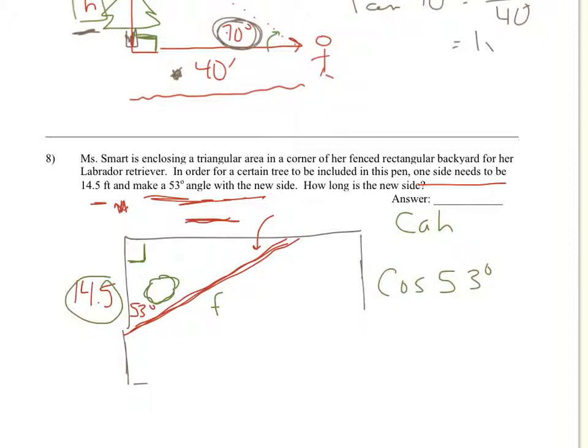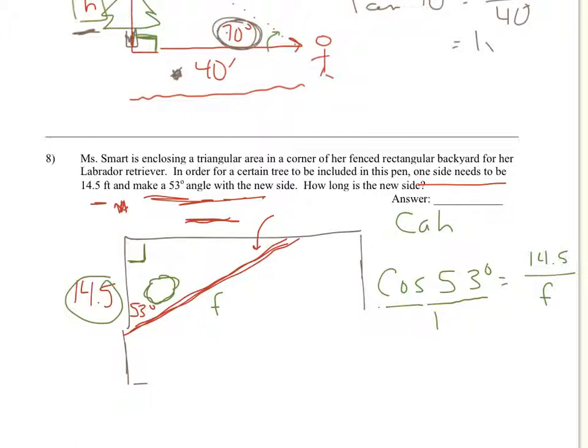Cos of 53 degrees equals adjacent over hypotenuse. And now to make these easier, when that variable, that letter f, is in the bottom corner underneath, it's useful if I write this over 1, so I can basically turn this into a proportion.